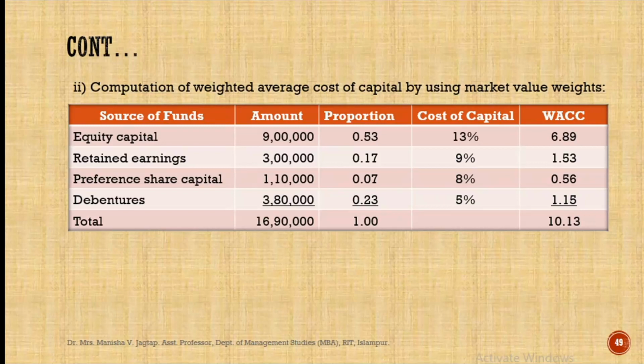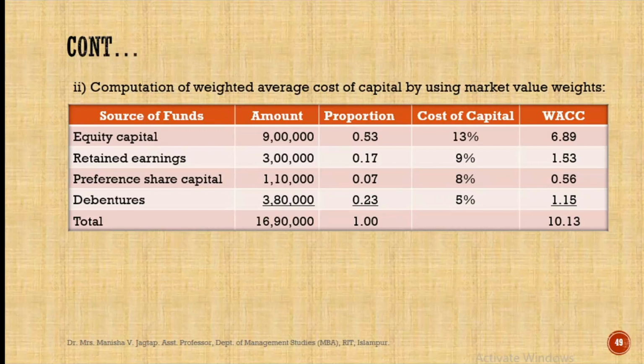But one important thing here is, in the example they have given the equity capital market value as 12 lakh, but while solving, we have distributed that amount, and we have written 9 lakh as equity capital and 3 lakh as retained earnings.